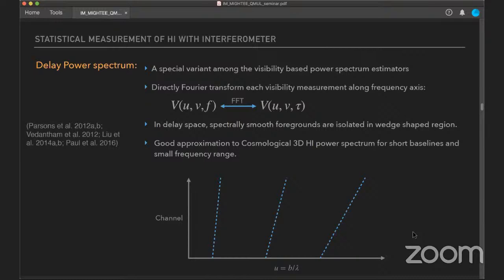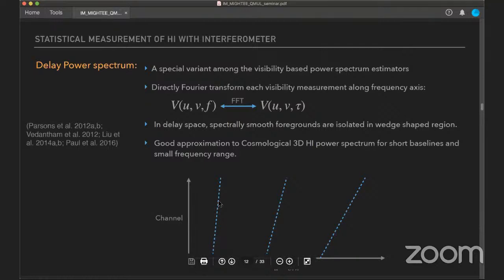But there is one small caveat in this kind of approach. Since we are taking a Fourier transform per physical baseline, and each physical baseline in the frequency domain probes a range of U values, as you go higher in the channel, the U values for a given physical baseline change.